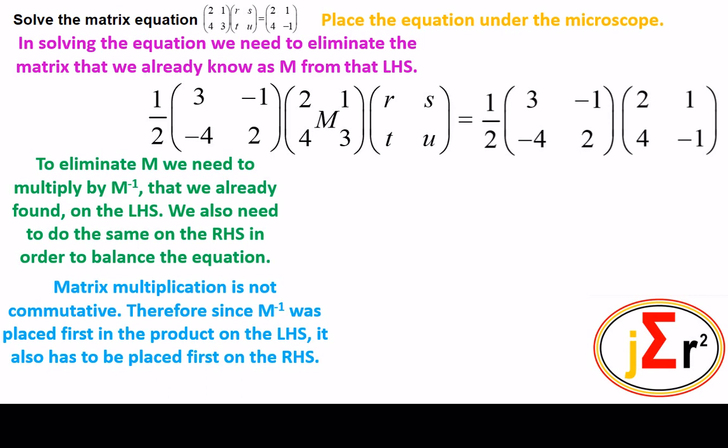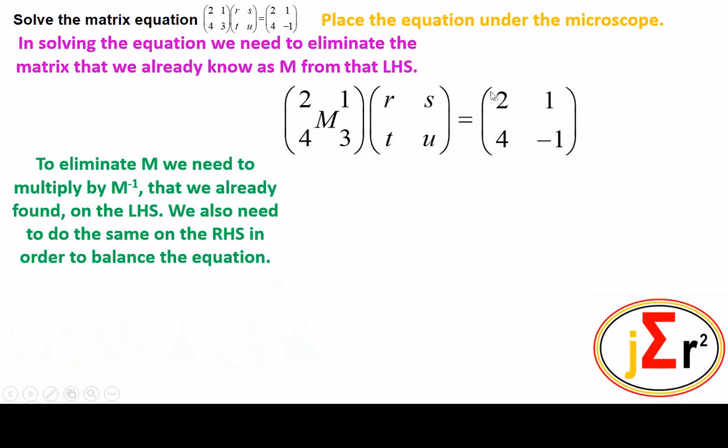Therefore, we have to be careful. If we multiplied by M inverse first, it is the first matrix in the product on the left-hand side. It also has to be the first matrix in the product on the right-hand side.